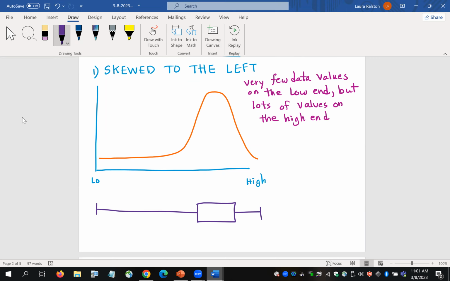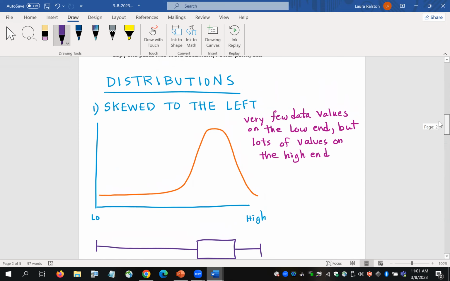And when we think about the distribution, we usually think about it from two different perspectives. I initially think about it with my eyeballs, from a visual perspective.